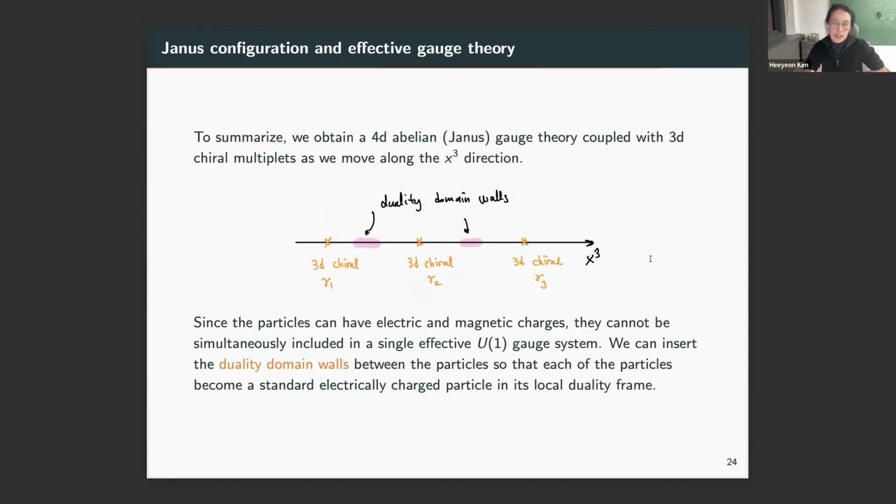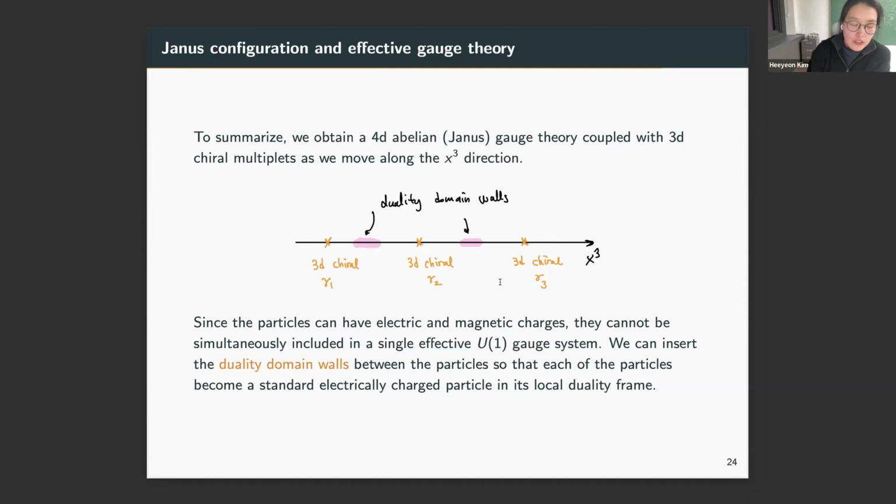So that was the path that I drew in the previous slide. And there are a certain number of points where you can also find 3D chiral multiplets. These chiral multiplets in general have electric charges and magnetic charges at the same time, so that all of these particles cannot be simultaneously included as standard electrically charged particles in some effective U(1) gauge system.